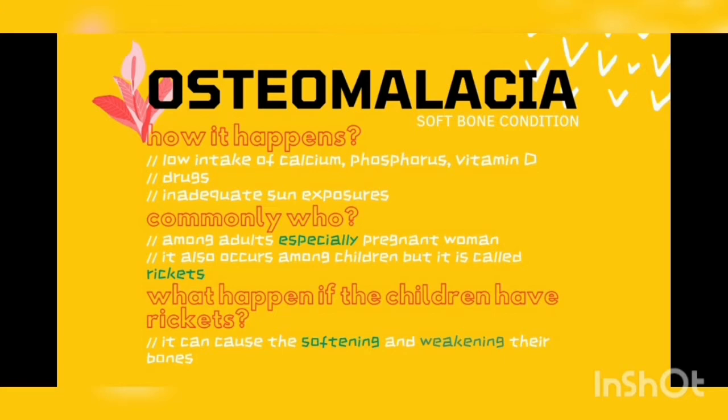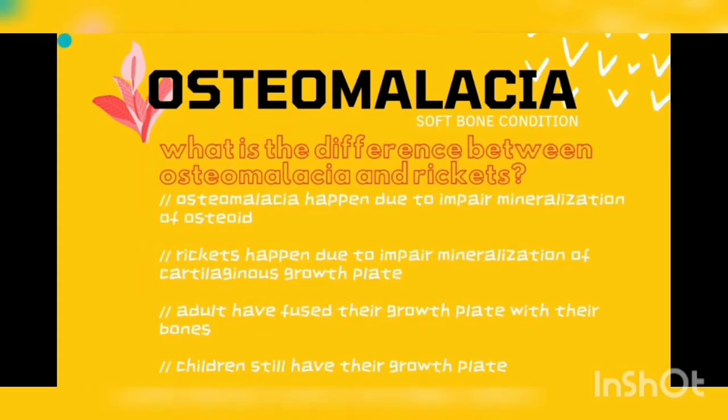Okay, what happens if children have rickets? It can cause the softening and weakening of their bones. So, what is the difference between osteomalacia and rickets?